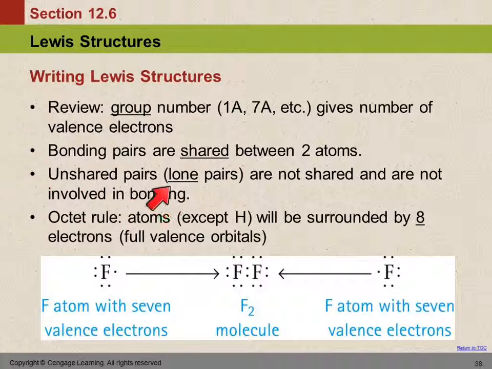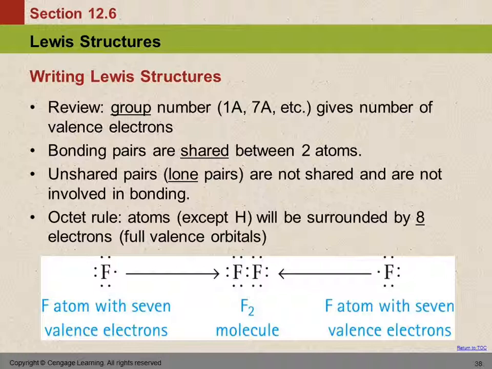These are called lone pairs because they're loners and they're off by themselves. Those are not involved in bonding. And we have something called the octet rule, which states that atoms, except for hydrogen, will be surrounded by 8 electrons in a good Lewis structure. There are things that Lewis structure doesn't work for, and so we're going to ignore those. We're just going to do things where the rules work.